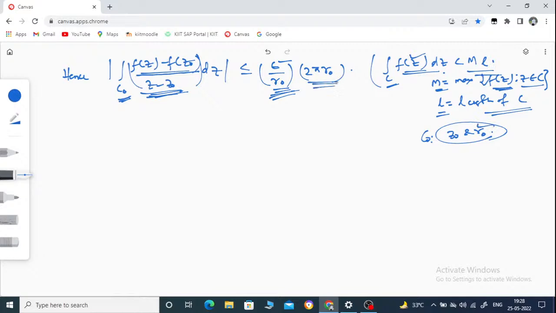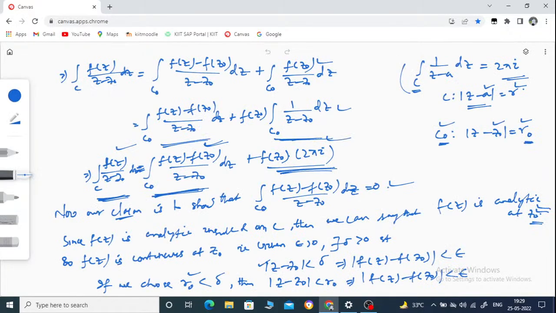So in place of L I write 2 pi r0, and in place of m I write epsilon by r0. This is epsilon by r0 times 2 pi r0, the r0 cancels out, and this will be 2 pi epsilon. Okay, so that's what we can write.